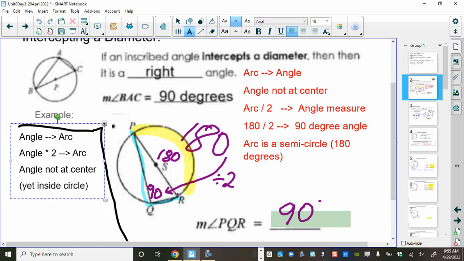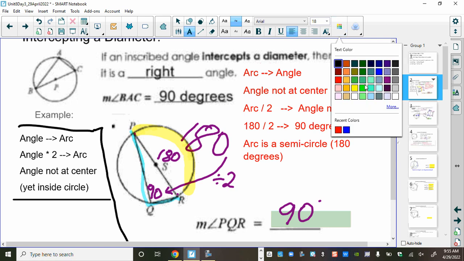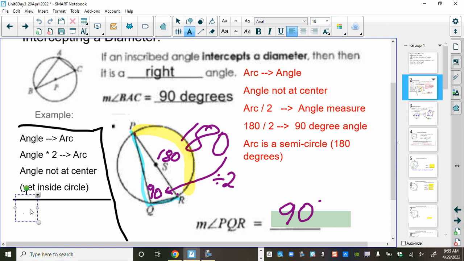That might be something to think about. This is basically what we've been talking about the last couple of classes. Angle equals arc.